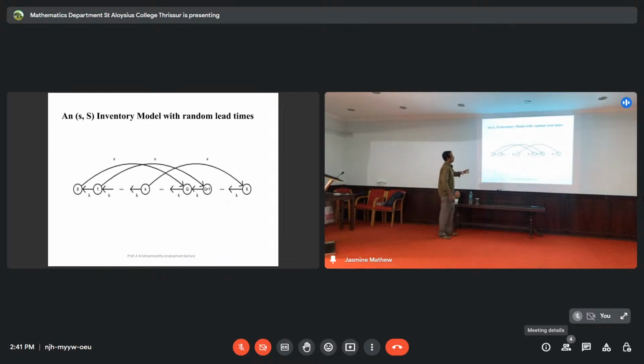And the reordering happens at the rate mu: when the inventory size falls below little s, an order is placed and it gets realized at the rate mu. So this is the graphical representation of the (s,S) inventory model.